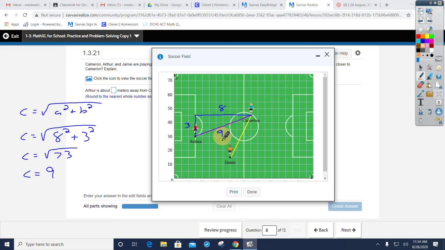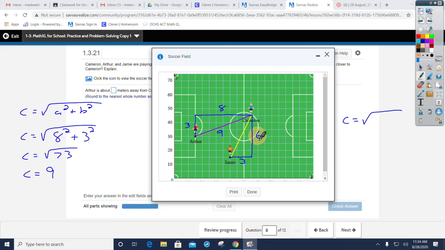All right, and then let's do Jamie. So I'm going to do him on this other side. So I'm using the same formula. All right, well, I need to count here. So it's over 3 and up 1, 2, 3, 4, 5, 6, up 6. So I can already tell that Arthur is going to be further away because Arthur's is 3 and 8, and this is 3 and 6.